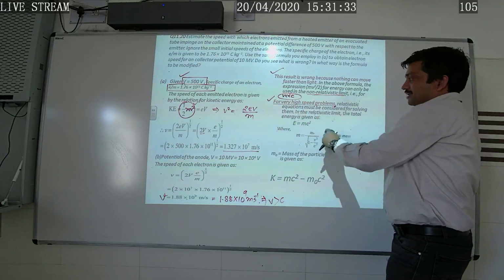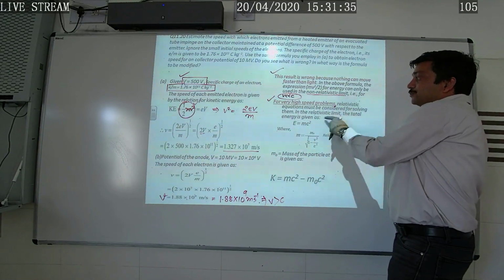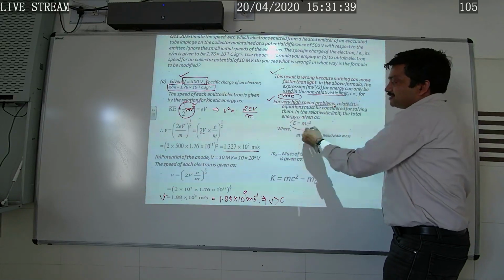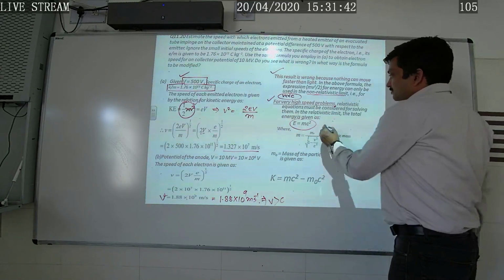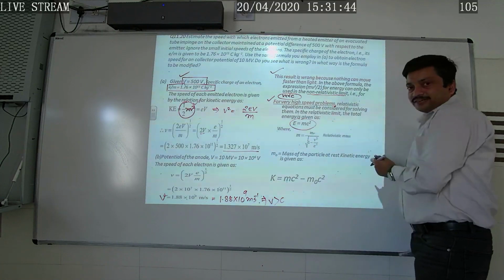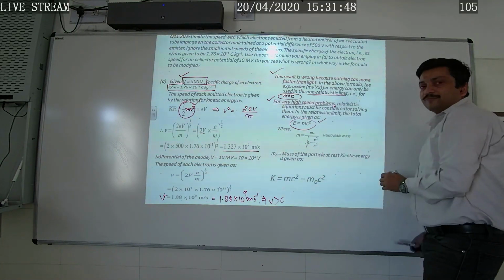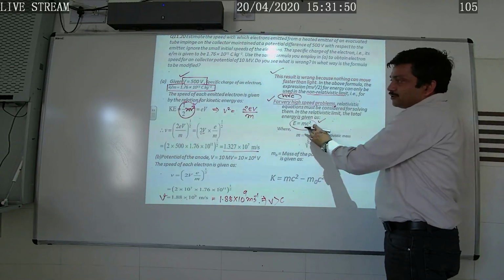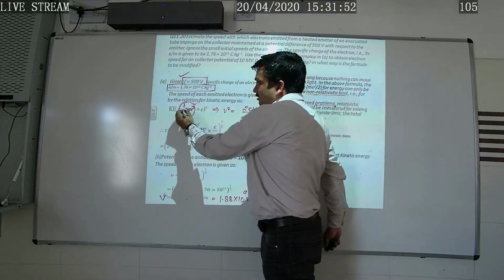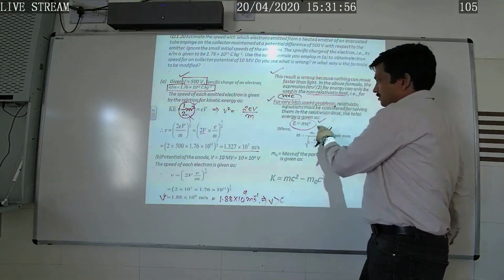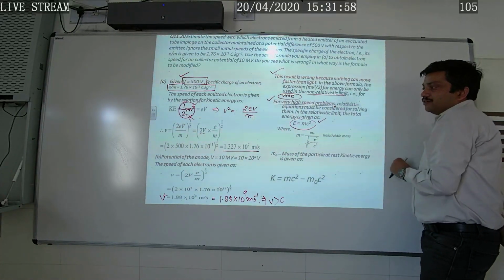For solving them, in the relativistic limit, the total energy is given as E equals mc square. According to Einstein's theory of relativity, the energy associated with them will be E equals mc square. Now we cannot use 1 by 2 mv square; we have to make use of this formula.